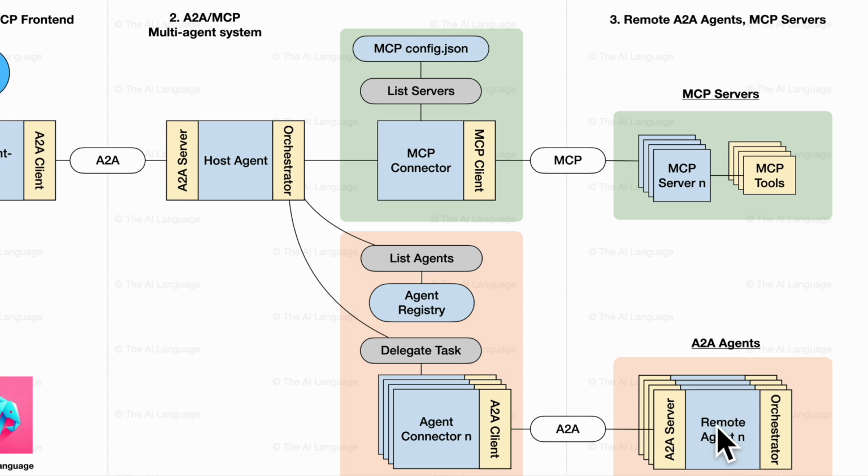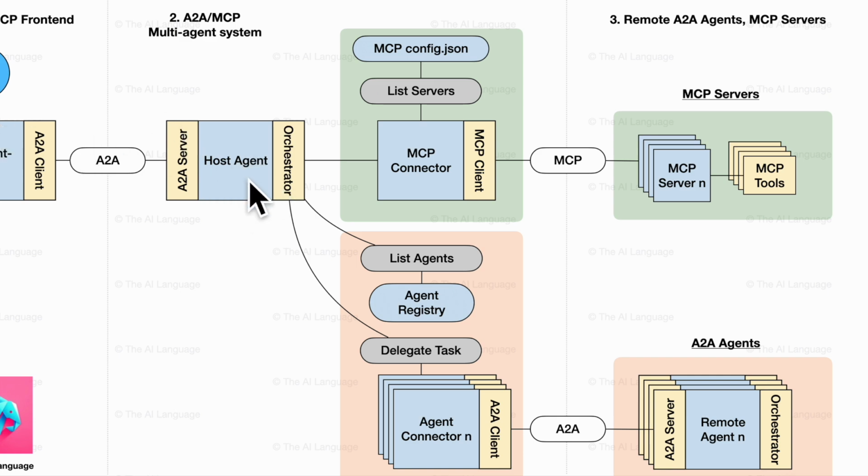This helper or remote agent might have its own orchestrator to then talk to further agents using the A2A protocol. And once it has the response, it sends it back to the A2A client, which then sends it back to the host agent or orchestrator over here. So this is like calling a colleague across a network to help you with part of the task and then get back that response to make a final reply to your client.